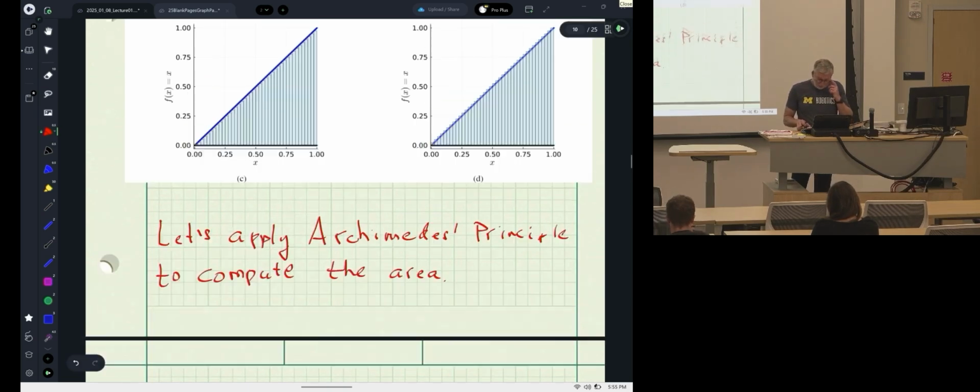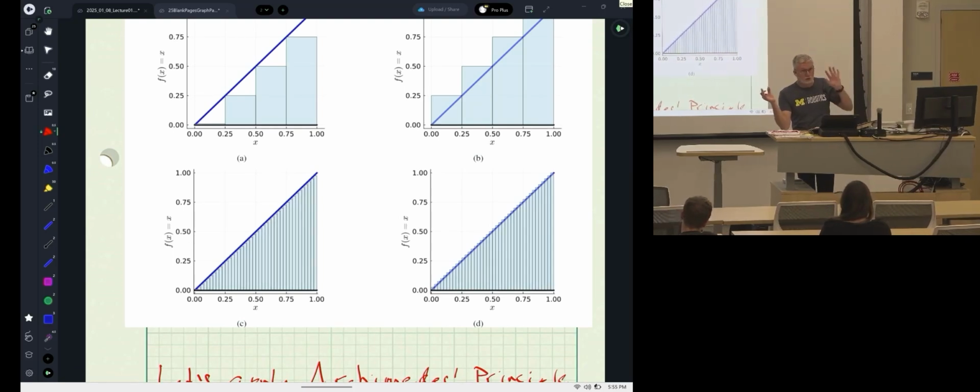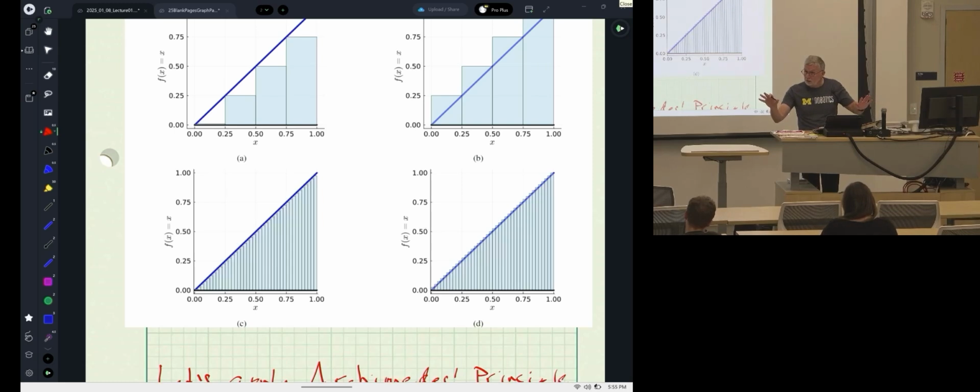Okay, so the good thing about the case we're working on is we know the answer. So we can check how the method works. You're going to see the lower bound and the upper bound. You're going to see how they depend upon n, and you're going to see why we need to understand limits, okay? So that's what's all going to happen here as we do it. Questions? Excited?